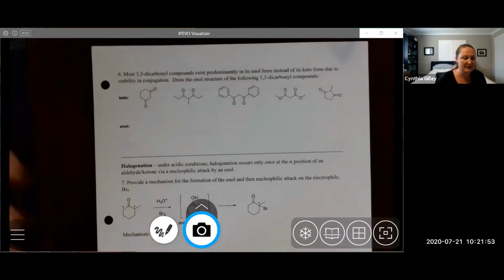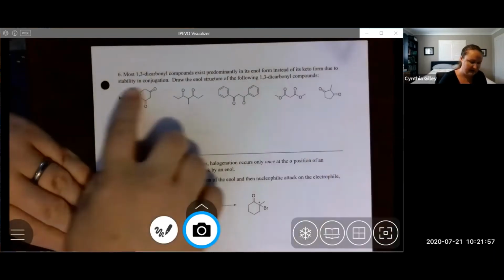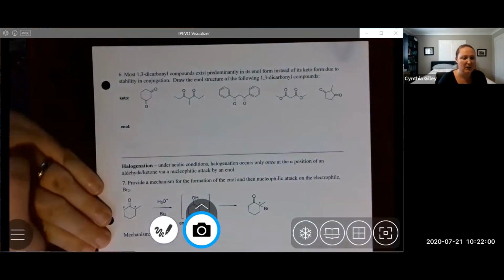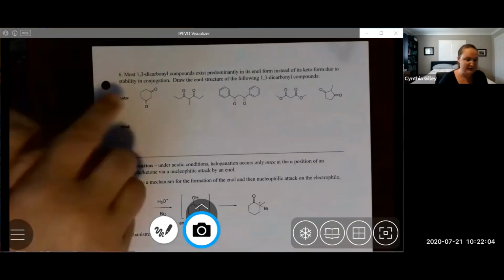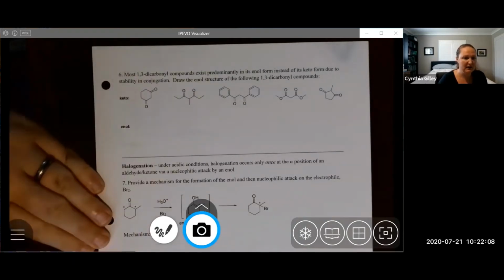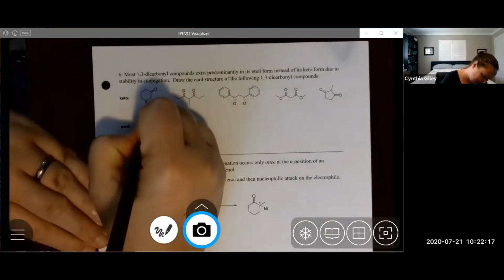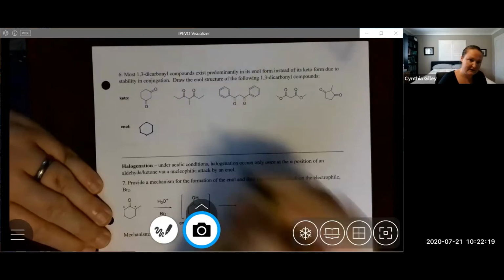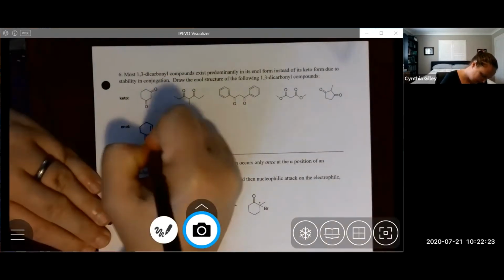Okay, so even though you can draw it this way, it exists in equilibrium with its enol, and whereas normally the keto form is favored over the enol in terms of stability, that is not the case with 1,3-dicarbonyl compounds. These compounds tend to actually exist primarily in their enol form, and that's because it's more stable through enhanced conjugation.